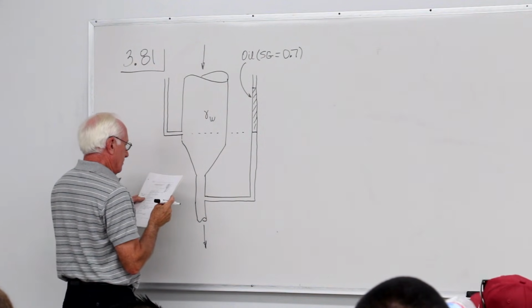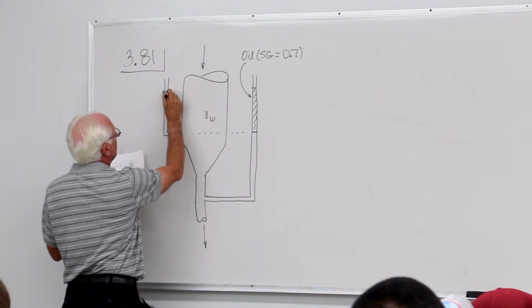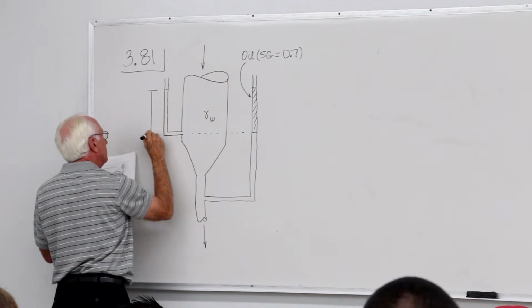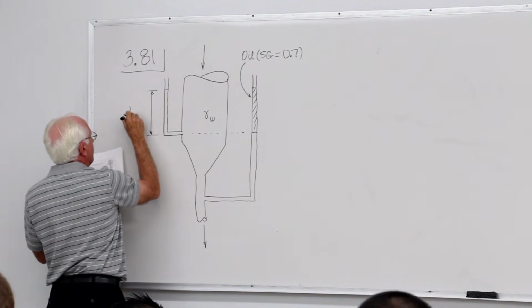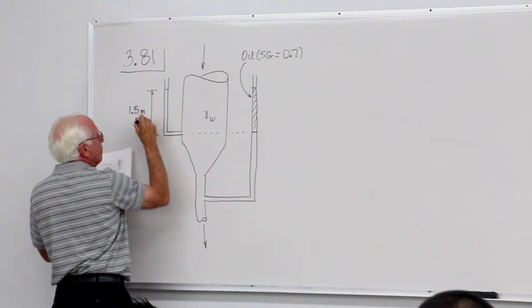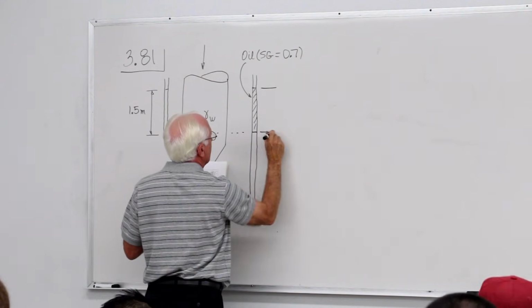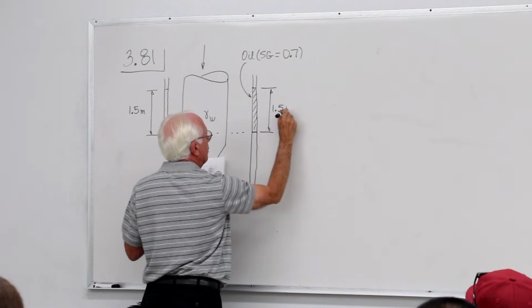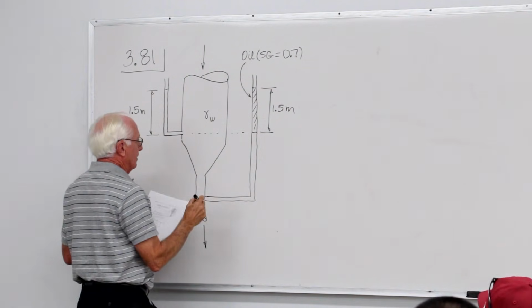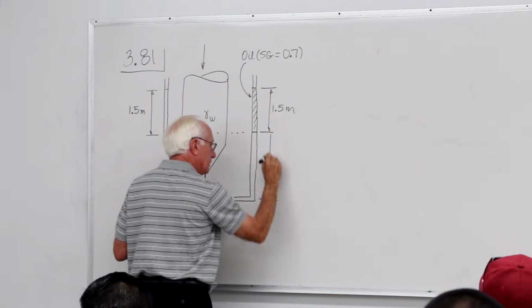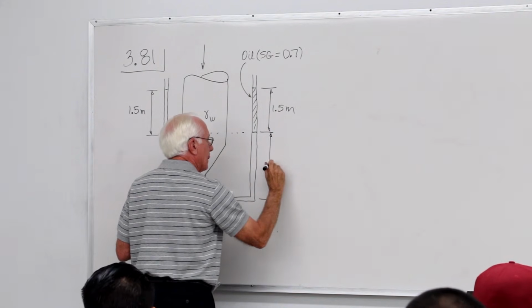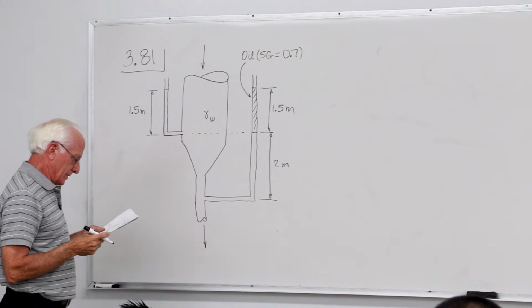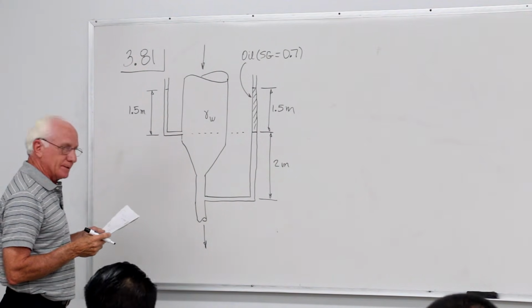Okay, let's see, 1.5 meters up here, and from here to here, 2 meters. I think that's all we need here. Determine the flow rate.